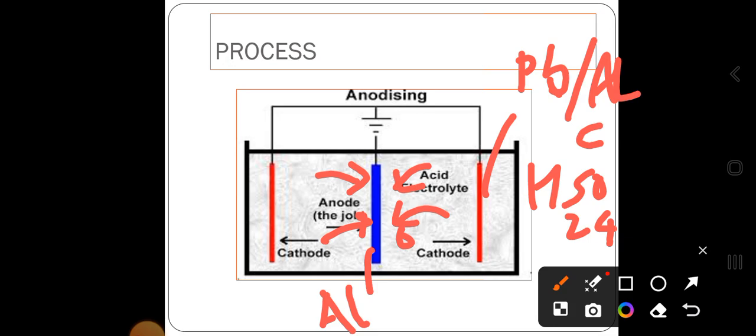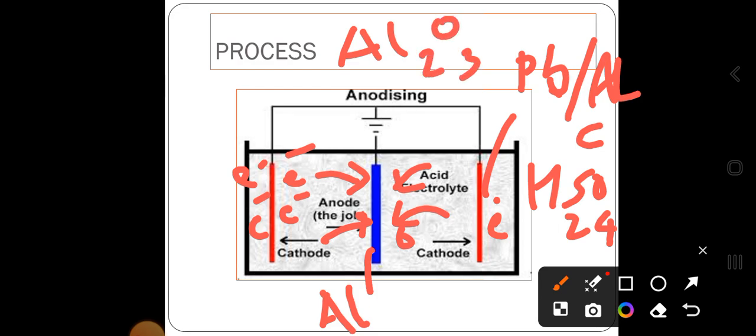Now the removed electrons will be in the solution, so these electrons go on adding to the cathode, or in other words hydrogen. Hydrogen gets added to the cathode while oxygen gets added to the anode. So now aluminium on reaction with oxygen will form aluminium oxide, Al2O3. So this is how the oxide layer is formed on aluminium, and this is called anodizing.